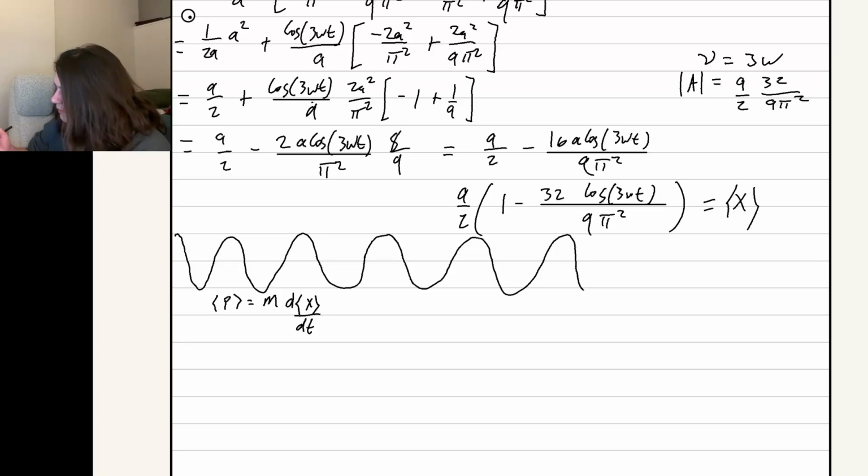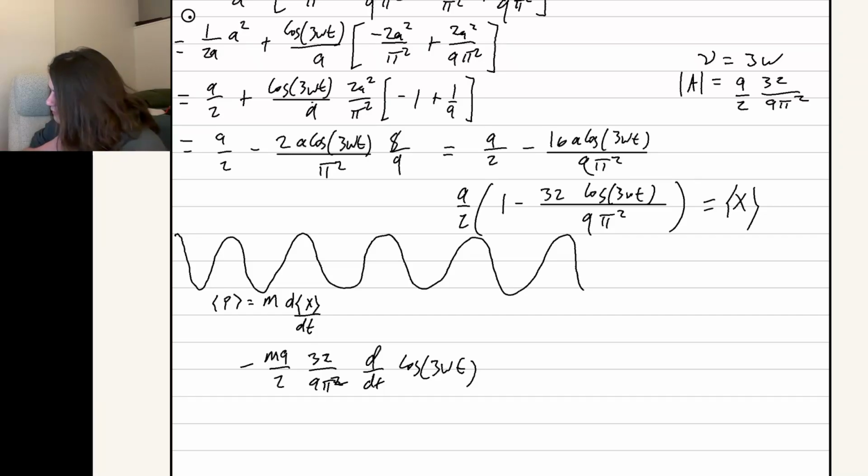So we have ma over 2 times 32 over 9 pi squared times the time derivative of cosine 3 omega t, with a minus sign on it, which will actually give us ma times 16 over 9 pi squared times 3 omega sine 3 omega t.